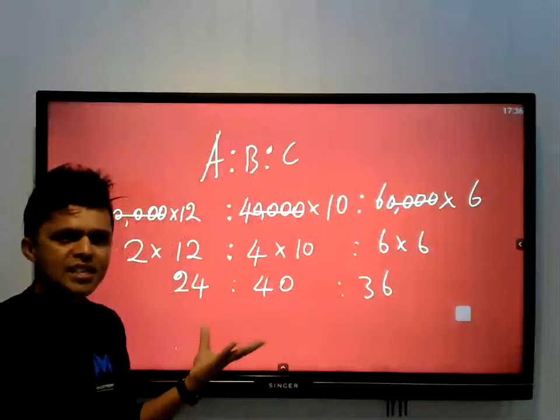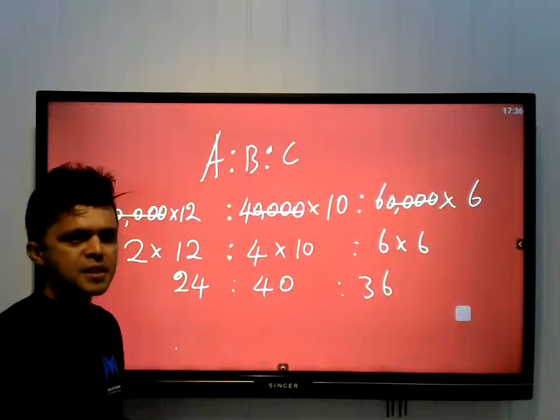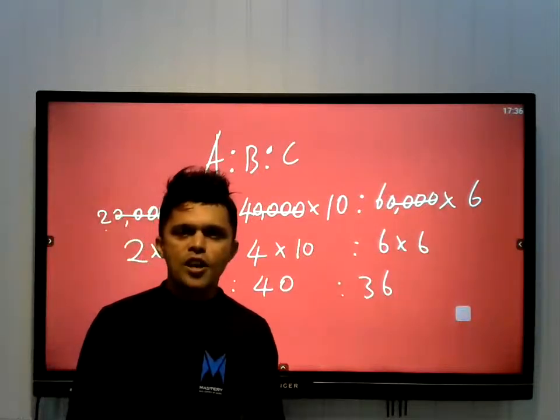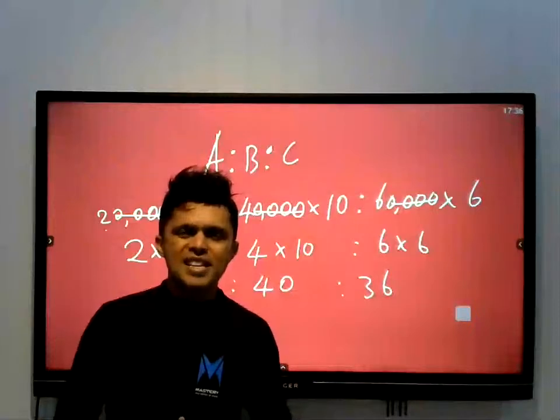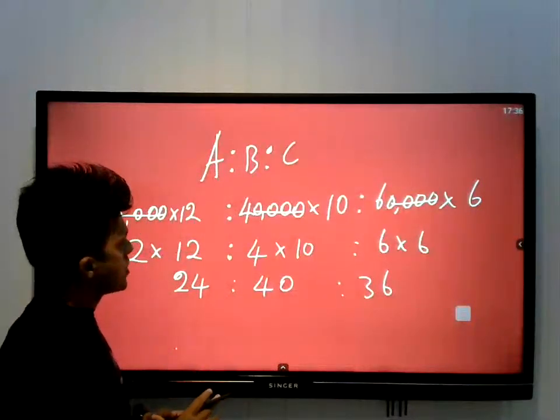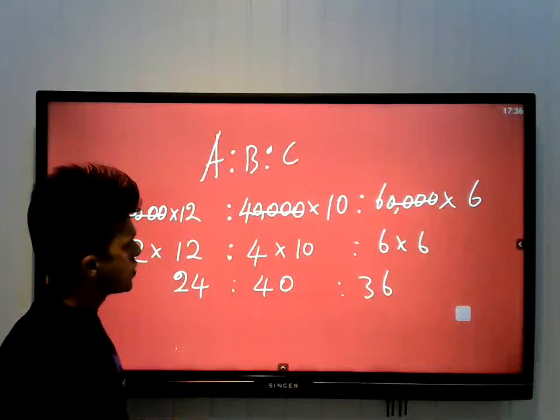Now you need to get this ratio in the simplest form. How can you get the ratio in the simplest form? You need to take the multiplication products of these values.